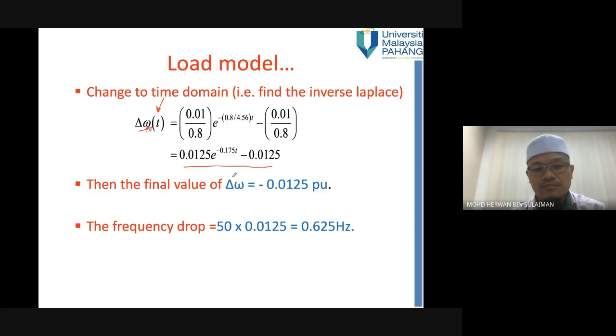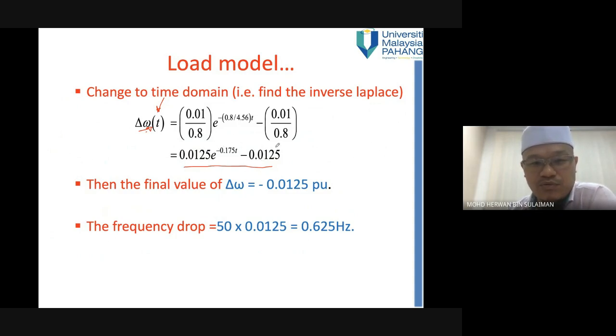Okay, the final value delta omega is minus 0.0125 per unit. Kenapa? Saya pun tak ingat. Kenapa jadi gini ya? Dia check balik lah.